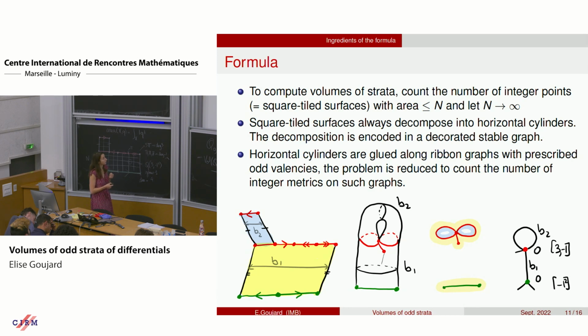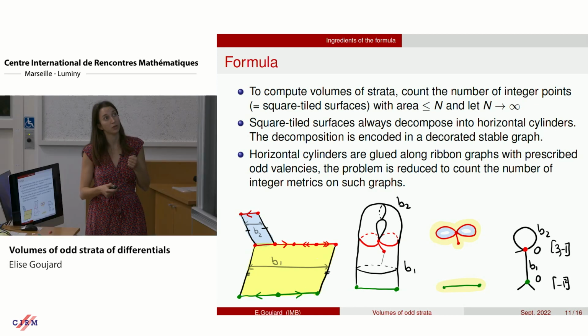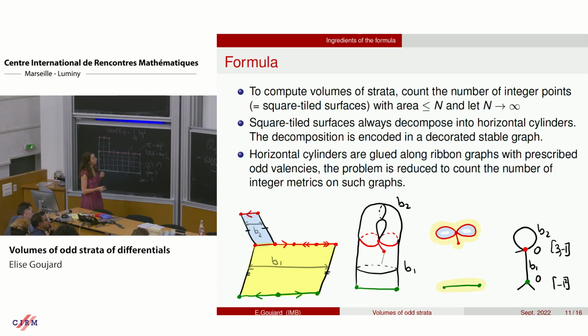Actually, the connected components that you get are just ribbon graphs, because you get the boundary of cylinders, that is a graph of horizontal saddle connections, plus a small neighborhood in the surface. So it's really a ribbon graph here. So I'm just doing here the components of the surface after cutting along the cylinders.